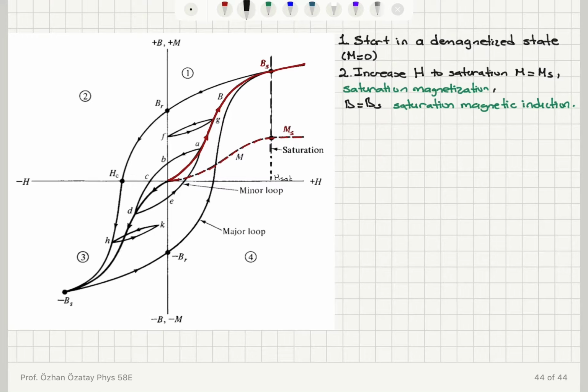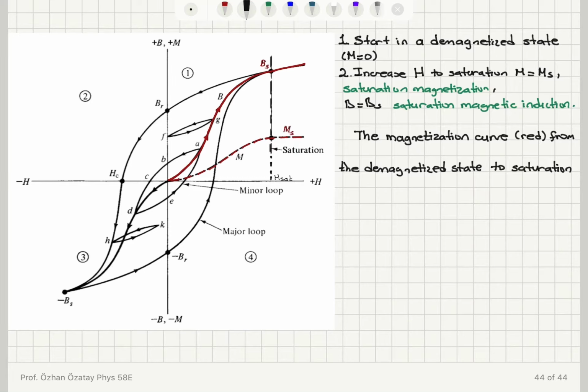So the magnetization curve, the red curve, which is from the demagnetized state to saturation, is called the normal induction curve.